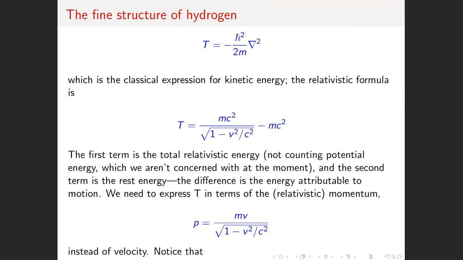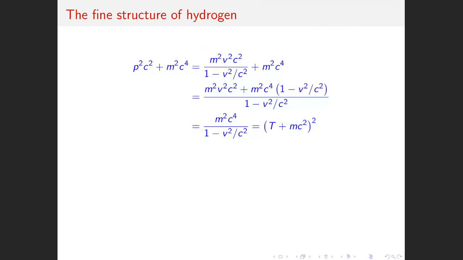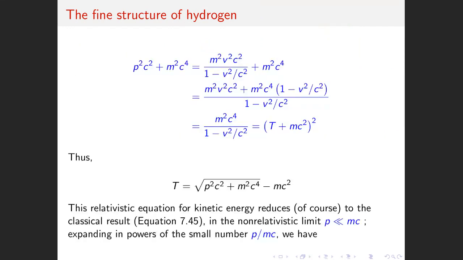When you do that, you get E, and from the expression I wrote in the previous slide, E² will be given by p²c² plus m²c⁴.